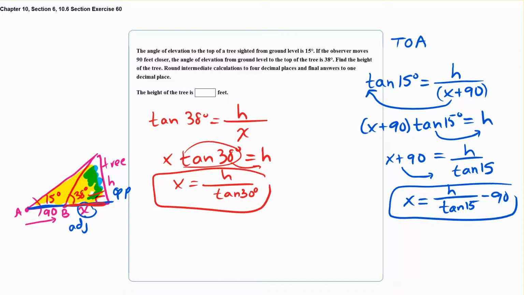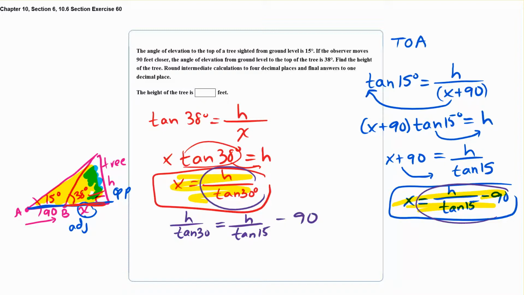Okay? So we actually have achieved something because I have two equations equal to x. And when you have two equations equal to the same letter, you can set those equations equal to each other. And so I can say, well, this fraction, h over tangent of 38, will be equal to this expression, h over tangent 15 minus 90.